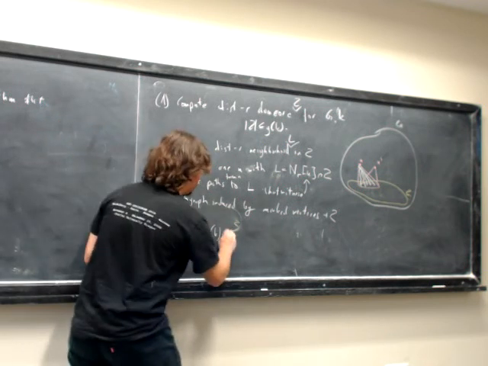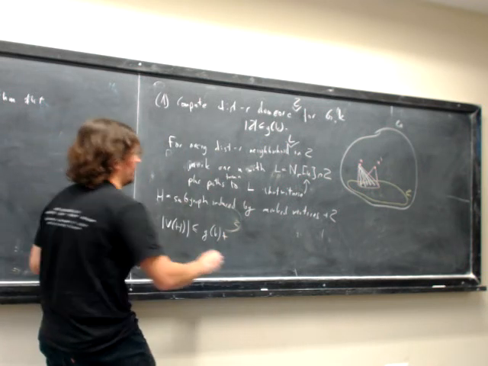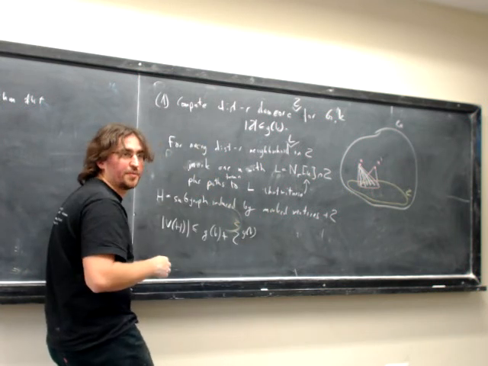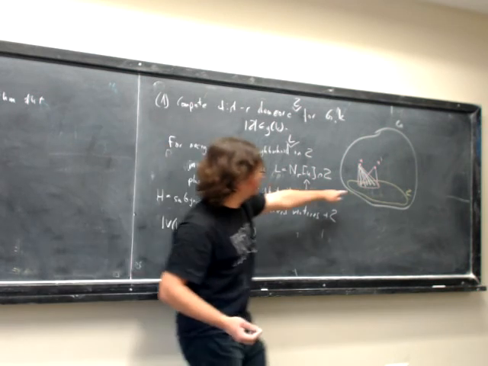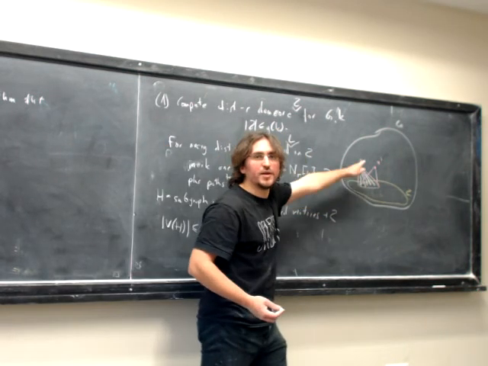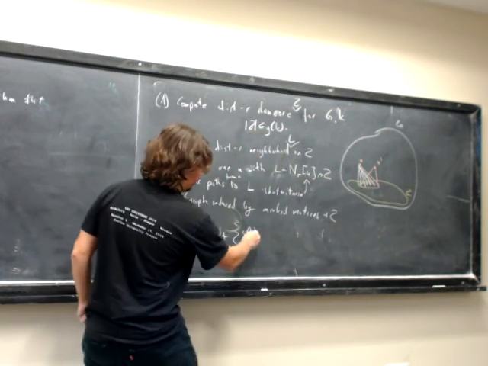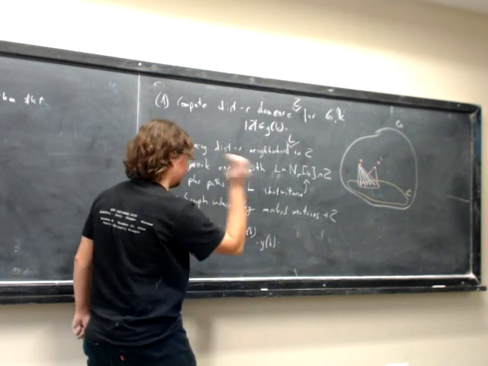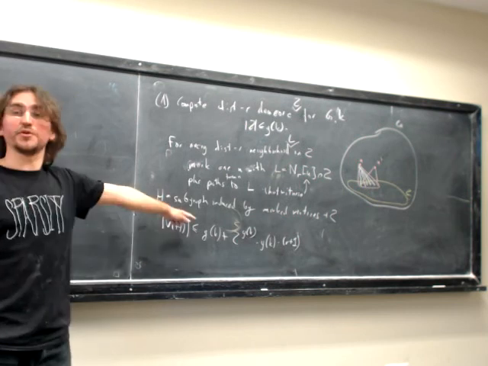Plus, for every neighborhood on Z, and there are at most 2 to the g of k possible neighborhoods, I mark one vertex. Plus, to every vertex of Z, I may mark a path of length at most R. So 2 to the g of k times g of k times R plus 1, I guess. Which is a function of k only.